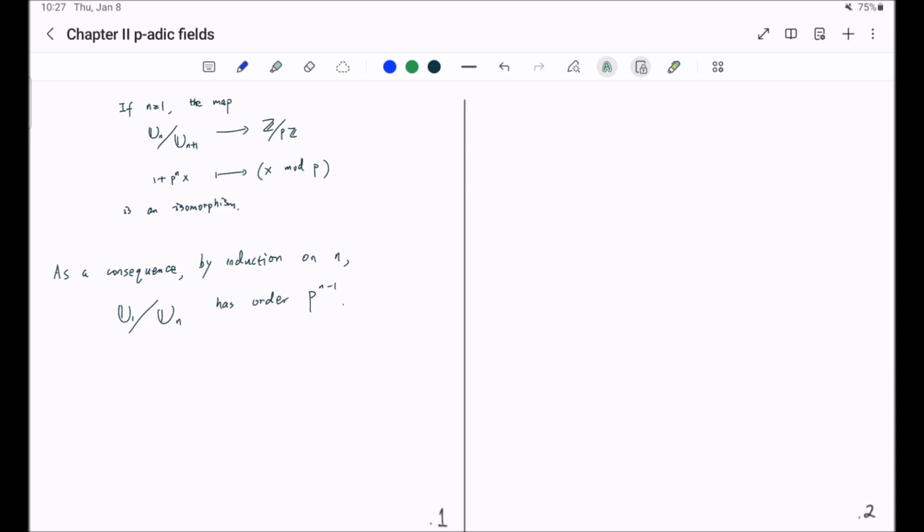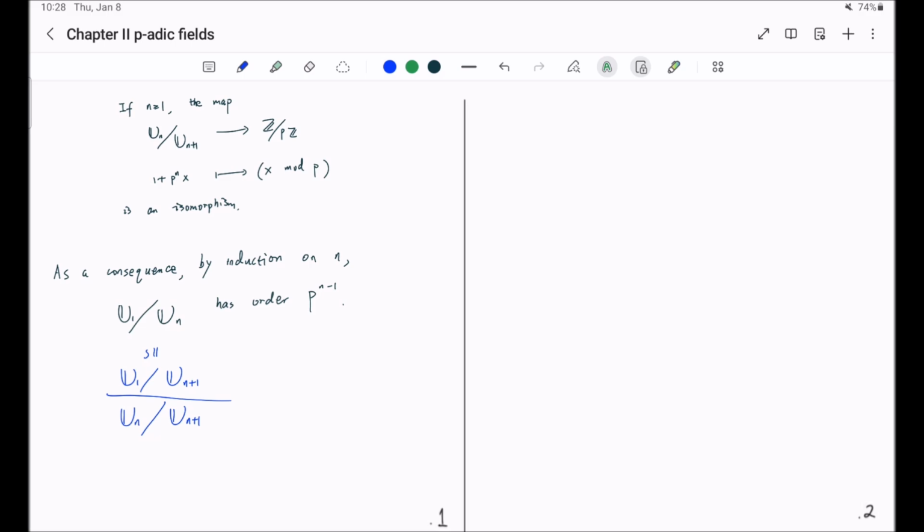Because by isomorphism theorems for groups, this is isomorphic to U_1 mod U_{n+1} quotient by U_n mod U_{n+1}. And you can apply induction here.